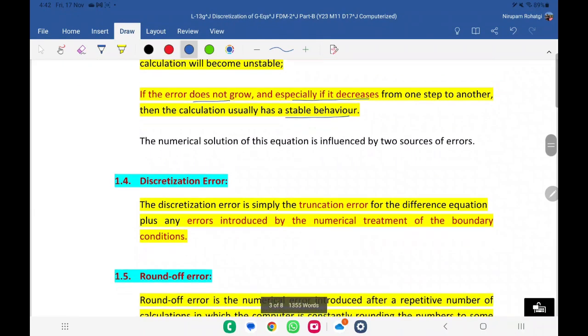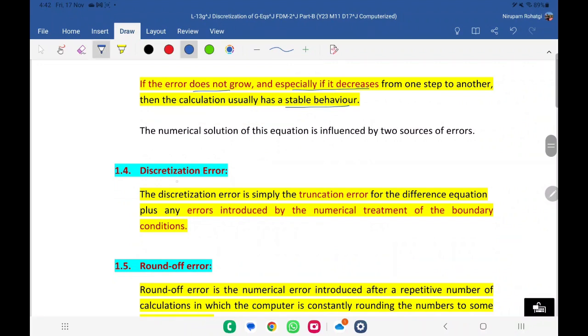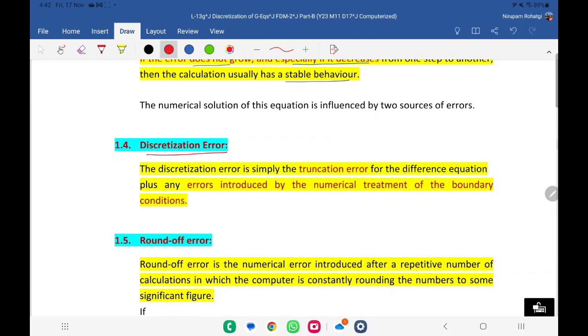Okay. Now we talk about discretization error. It's just a way of describing what the errors are. So discretization error is simply truncation error for the difference equation plus any error introduced by numerical treatment of the boundary condition. Okay. So there are two types of error.